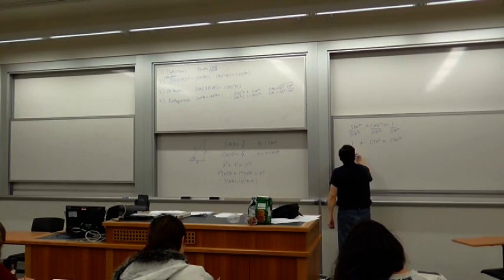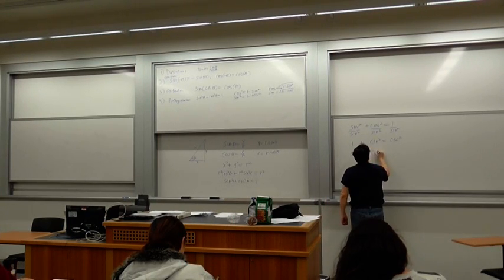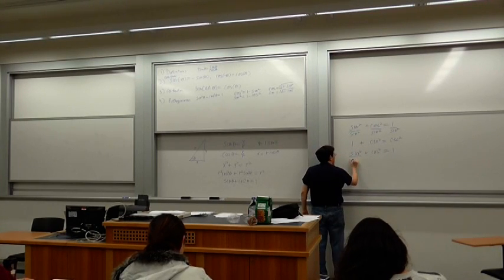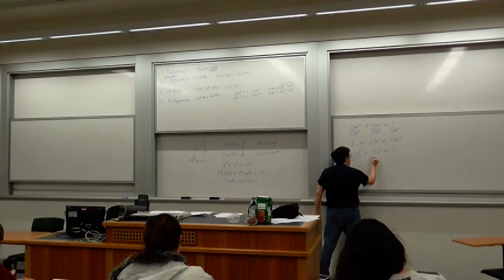Again, starting with sine squared plus cosine squared equals 1. This time, I'm going to divide by cosine squared.